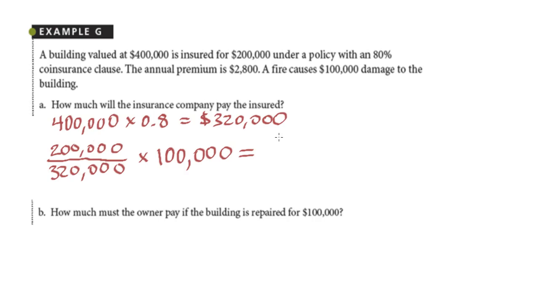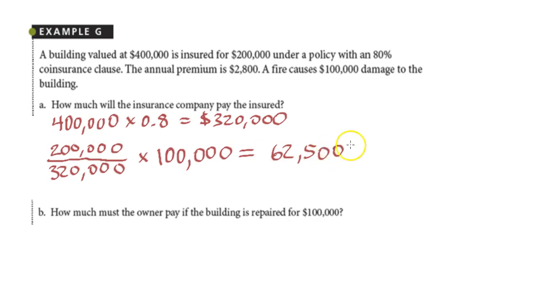The insurance company pays up to the amount of the damage, but only a certain proportion of it, based on the policy amount and the insurance required. So it's covering this fraction, 200,000 divided by 320,000 times 100,000. So then you multiply by 100,000, you get 62,500.